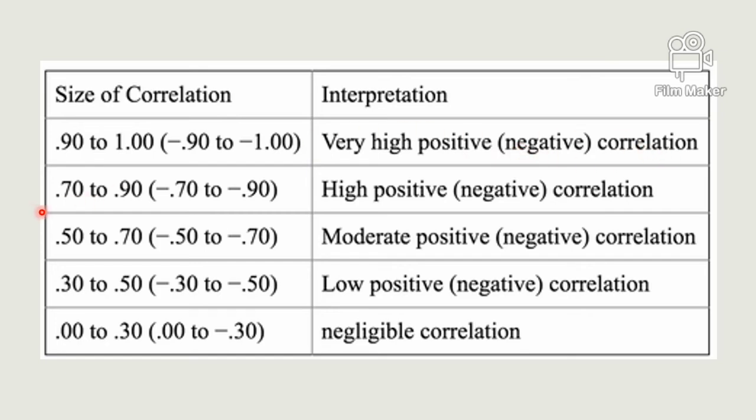If you get 0.70 to 0.90, you have a high positive correlation, and negative 0.70 to negative 0.90, a high negative correlation. 0.50 to 0.70 is a moderate positive correlation, and negative 0.50 to negative 0.70 a moderate negative correlation. 0.30 to 0.50 is a low positive correlation, and negative 0.30 to negative 0.50 a low negative correlation.